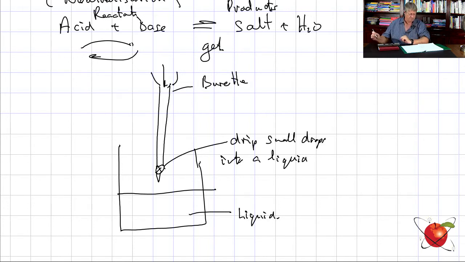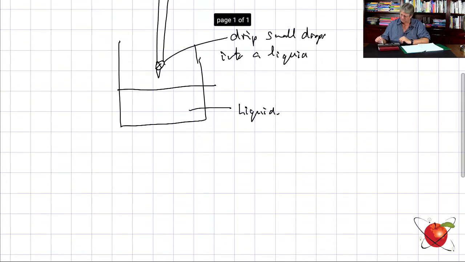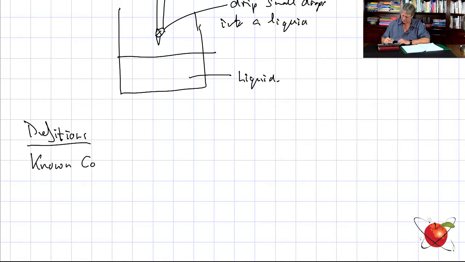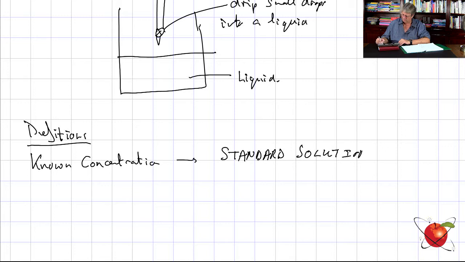Now let's define a few terms. Let's write definitions. First of all, a known concentration. We're going to be talking about things with a known concentration. A known concentration is called a standard solution. You pre-make it.